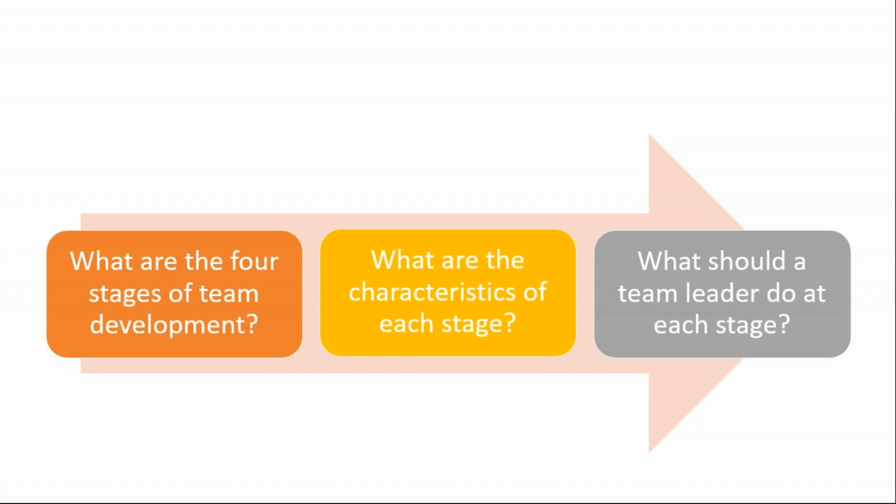And the third one is to look at some of the things that you can do as a team leader with each characteristic. In other words, how can you lead at each stage which is effective? What do people need, and so forth and so on. So that's what we're covering.